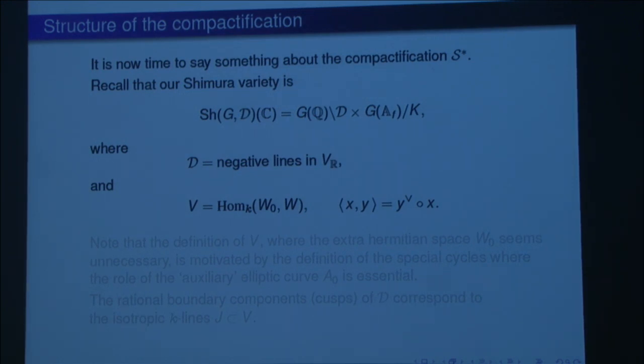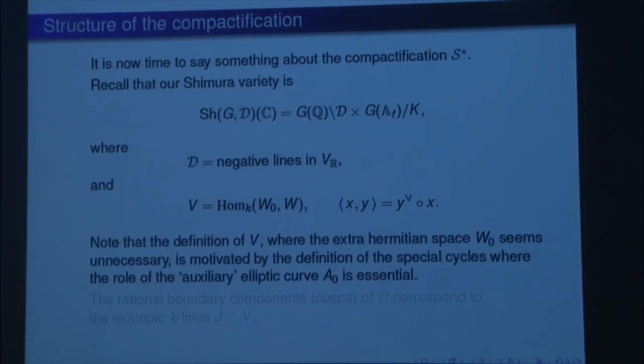And it's exactly here where, again, Gross's H comes in, because you can think of this as two Hodge structures, but we're taking the tensor product that is a different type. Okay? So D is the negative lines in VR, where this has got a Hermitian form like this, as was defined for the special cycles. And so, as I mentioned here, the W0 is playing the same role as the A0. So you see there's some parallel construction here.